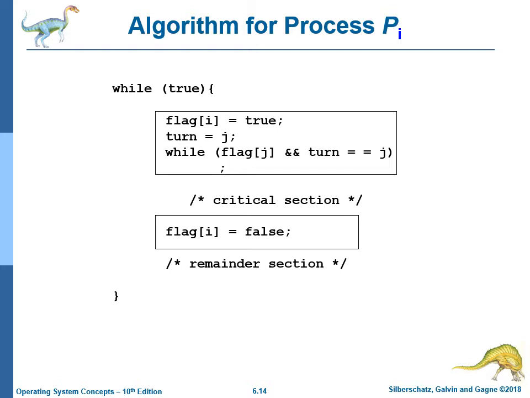So dalam the variable turn ni, macam kita cakap tadi, indicate whose turn to enter the critical section. Then if turn equals i, then the process Pi is allowed to execute its critical section. So the flag array tadi akan used to indicate that the process is ready to enter its critical section. So kalau flag i is true, so this value will indicate that Pi is ready to enter the critical section.